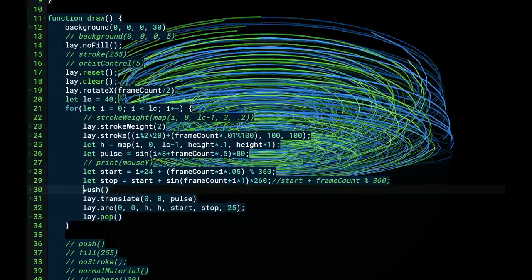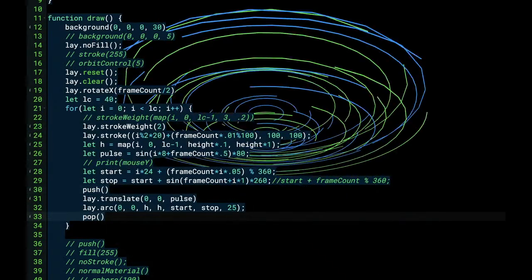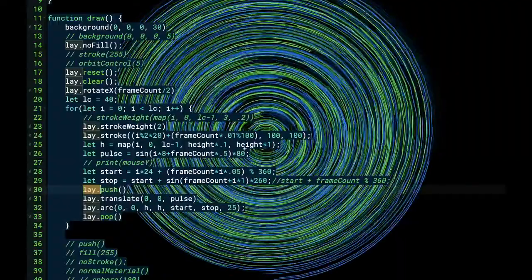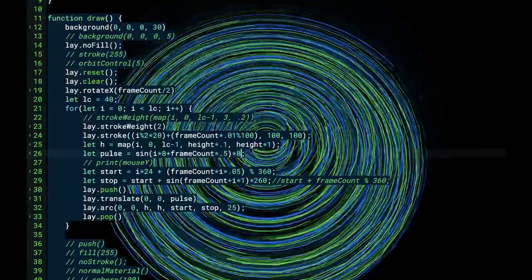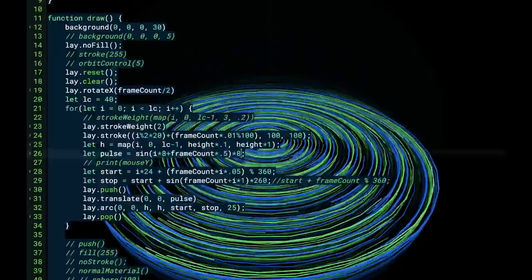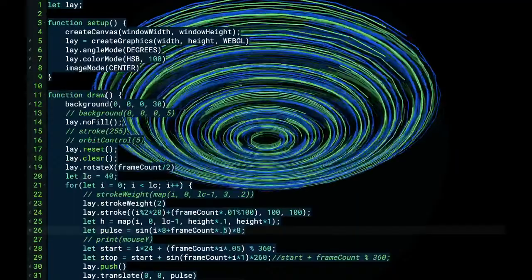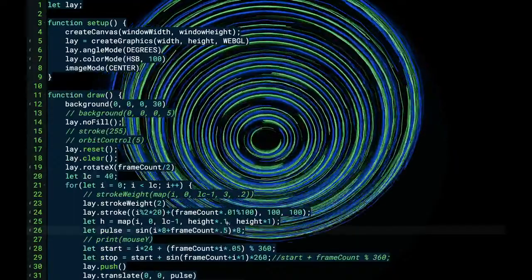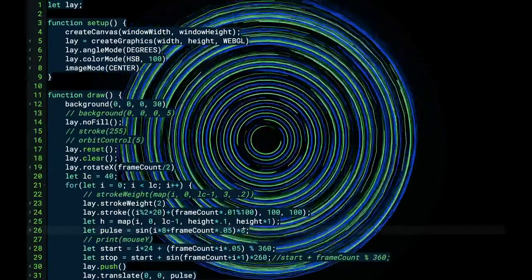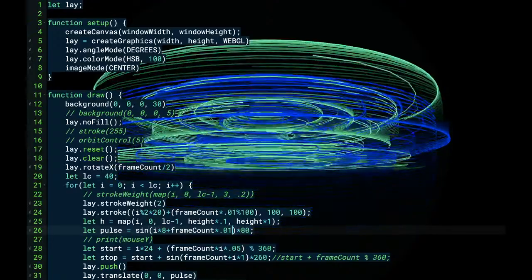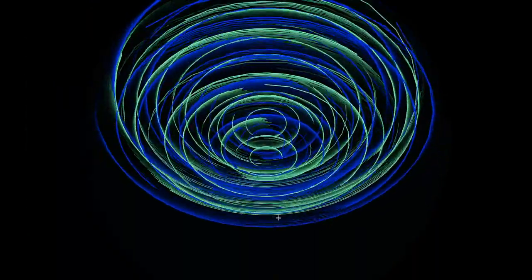Maybe because the push and pop don't go on the layer. Nope, they do. Strange, it seems like they're all reacting to each other. Is it because my angle mode is in degrees? Interesting. Yep, this thing has to be much less for some reason.